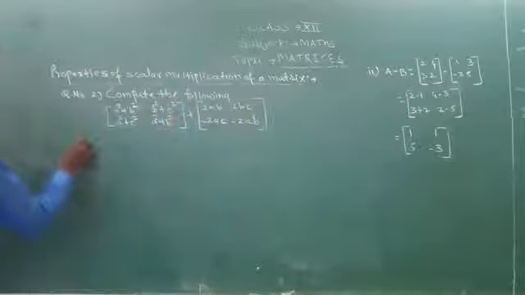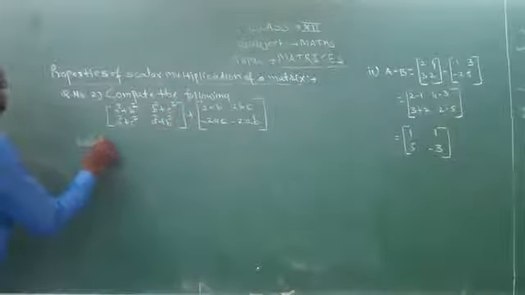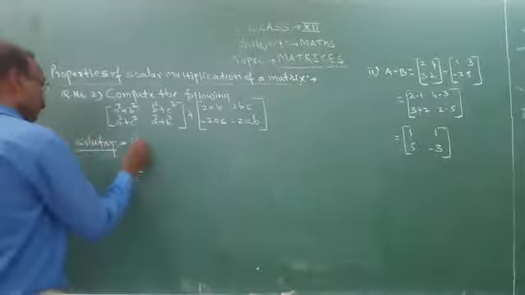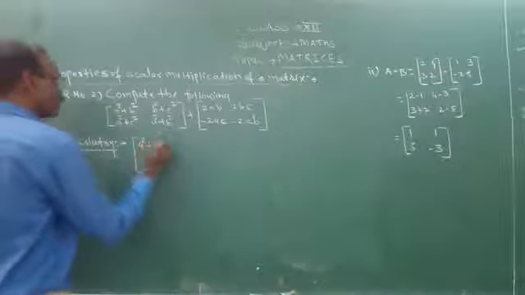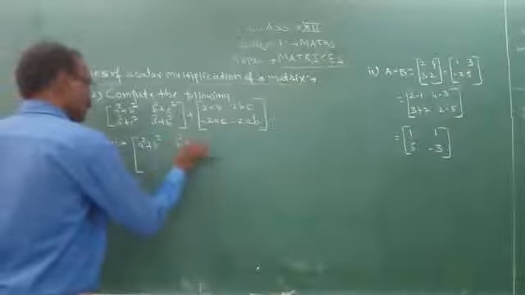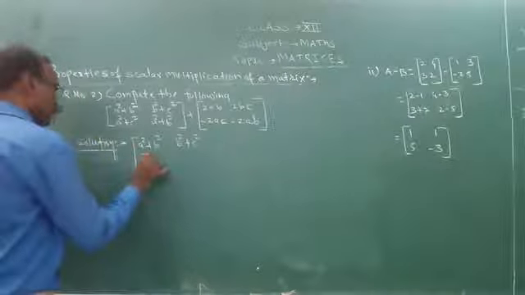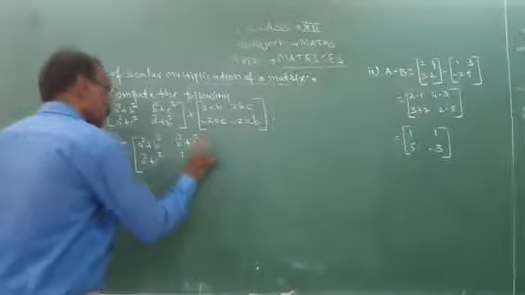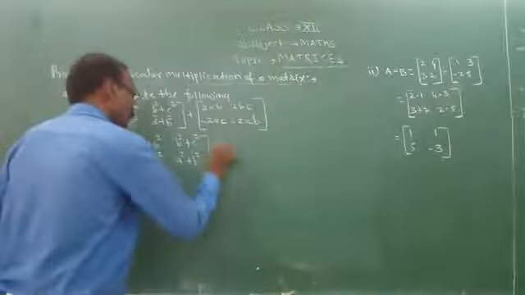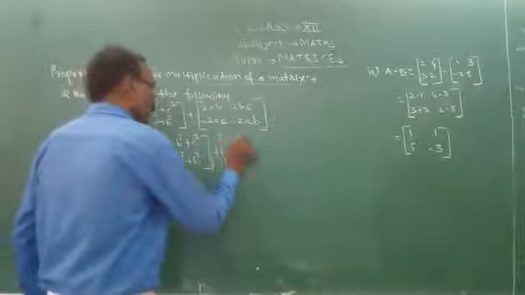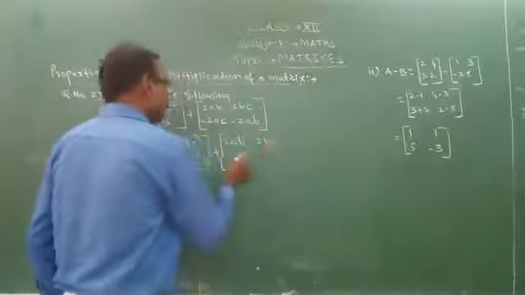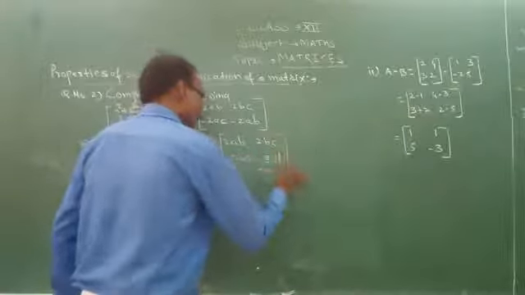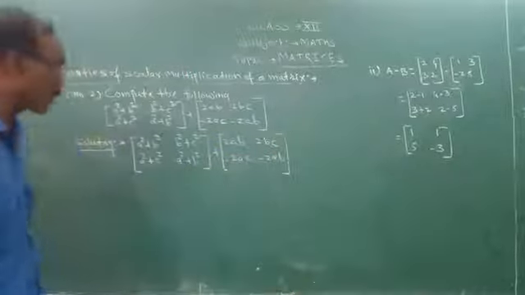Okay, so solution. We have a square plus b square, b square plus c square, a square plus c square, a square plus b square, plus 2ab, 2bc, minus 2ac, minus 2ab. Now we have to just add the corresponding elements.